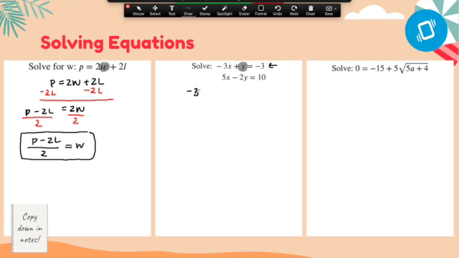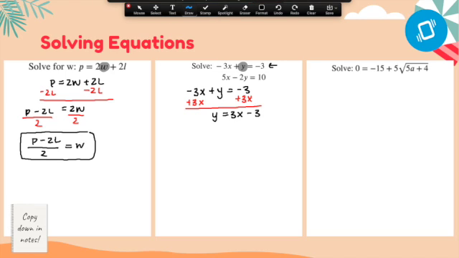We have negative 3x plus y equaling negative 3. To solve for this, I need to add 3x to both sides. When I do that, I'm left with y equaling 3x minus 3. So by doing that, it completely isolated the y.